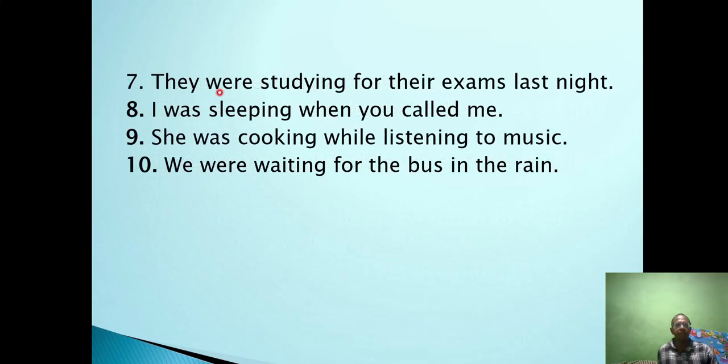Number seven, they were studying for their exams last night. And I was sleeping when you called me. She was cooking while listening to music, and we were waiting for the bus in the rain. So these are some examples that were constructed using past continuous tense.